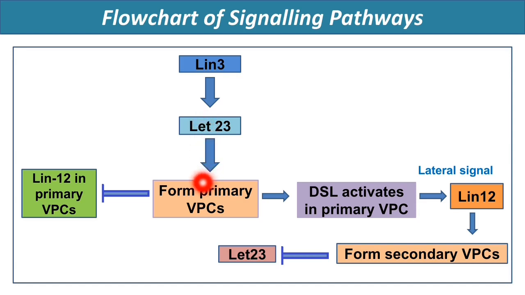So VPCs having LET-23 receptor on them will get a high concentration of Lin-3 protein and form the primary VPC or central cell.